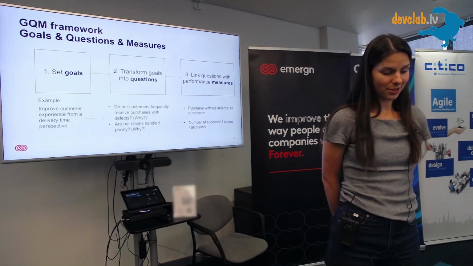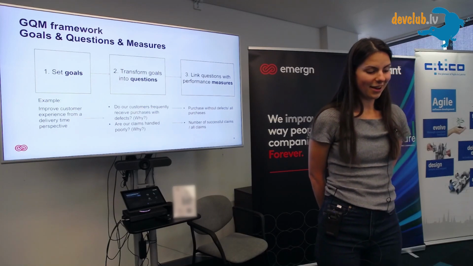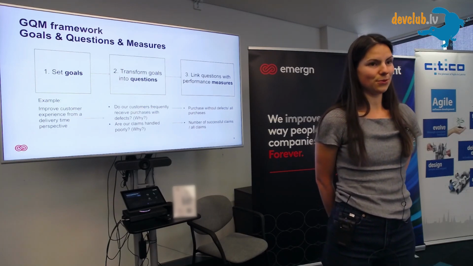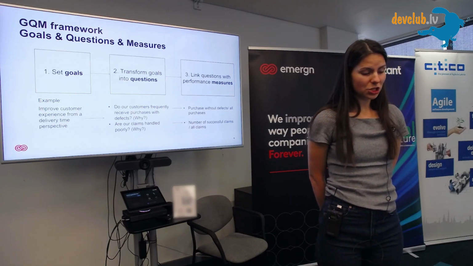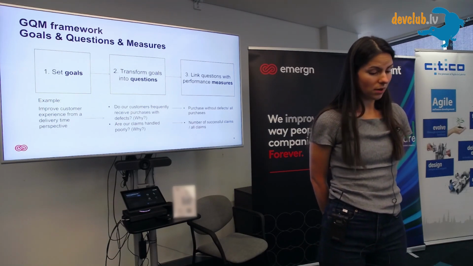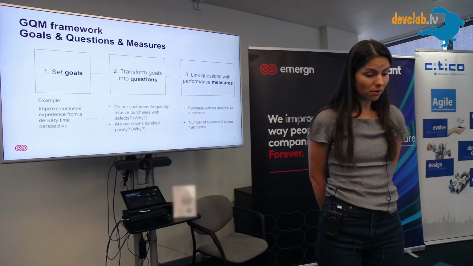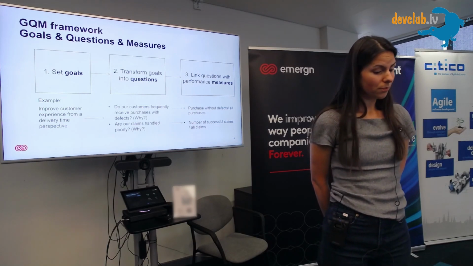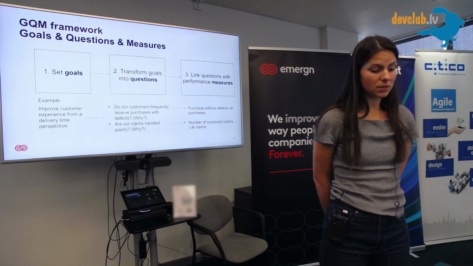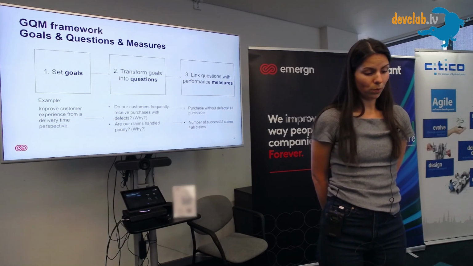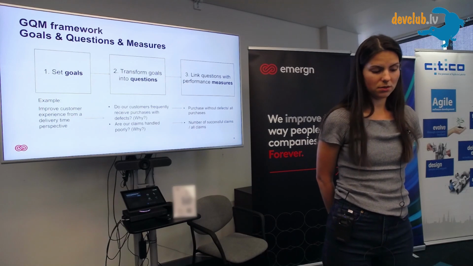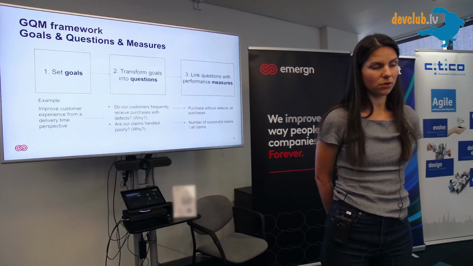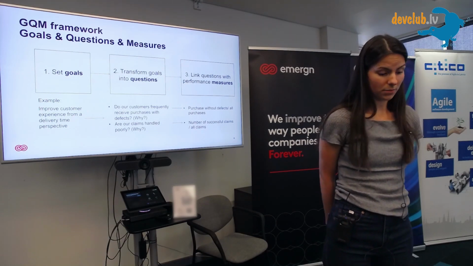Also, of course, claims usually are connected to delivery time. And from the first question, we can create a performance measure like purchases without defects divided by all purchases. For the second question, it's the number of successful claims divided by all claims.